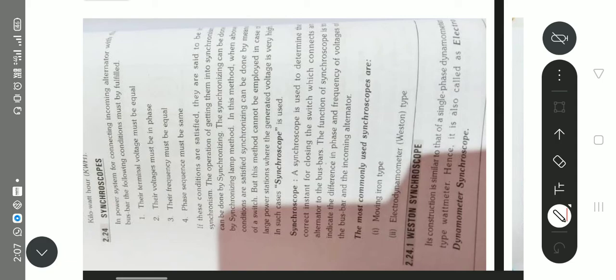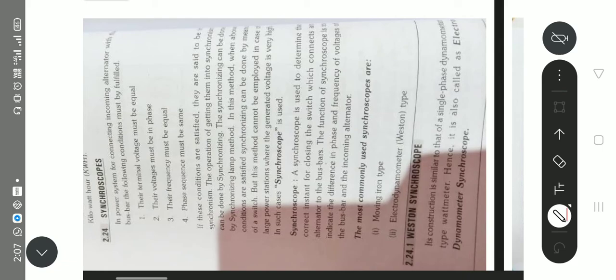Okay. When the conditions are satisfied, the operation is called synchronism. Using these conditions to do the operation in any system is called synchronizing. The synchronizing method is the synchronizing lamp method.